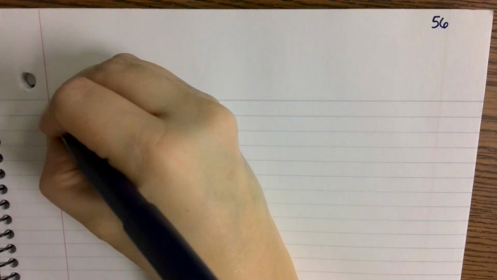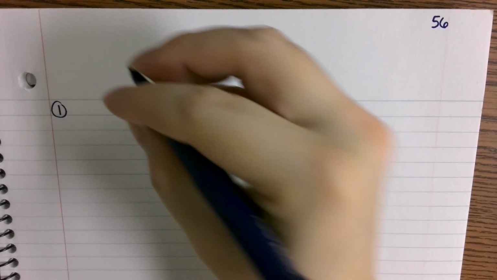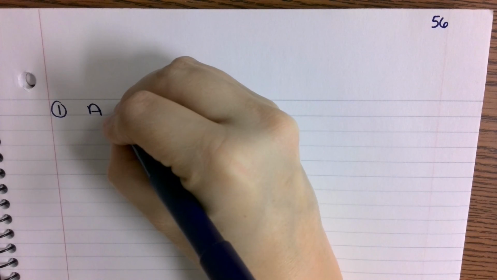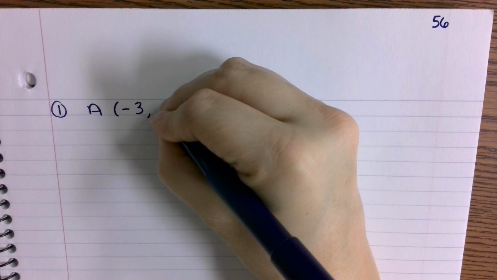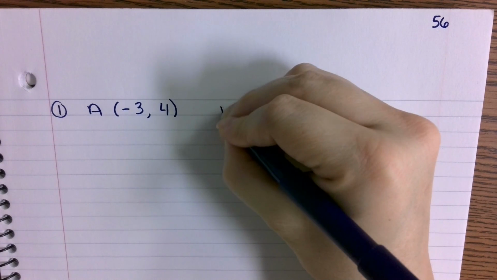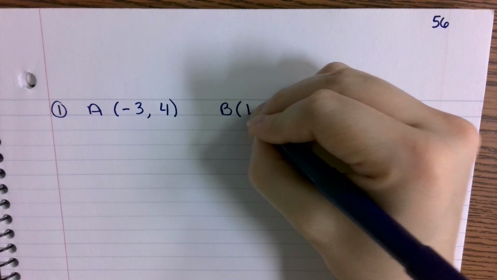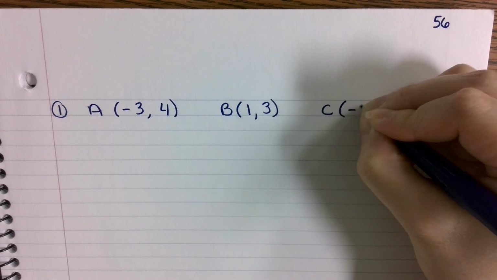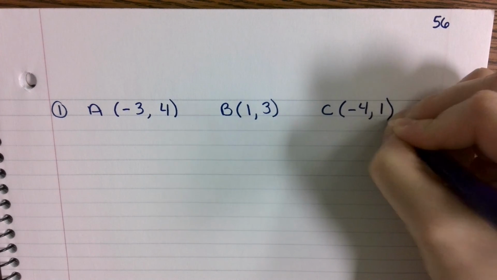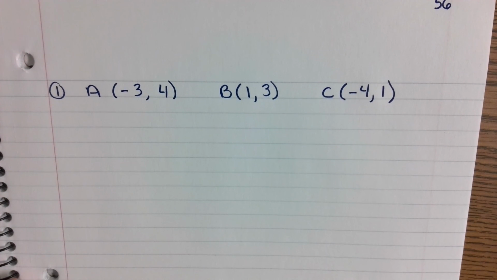Alright, so on page 56 of the notebook, let's take a look at a few practice problems. If I have point A at coordinates -3, 4, point B at coordinates 1, 3, and point C at coordinates -4, 1. So these are my coordinates for my points.